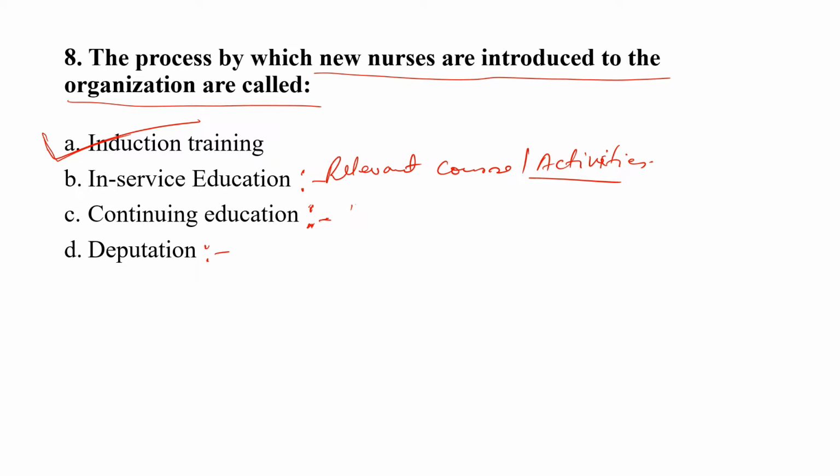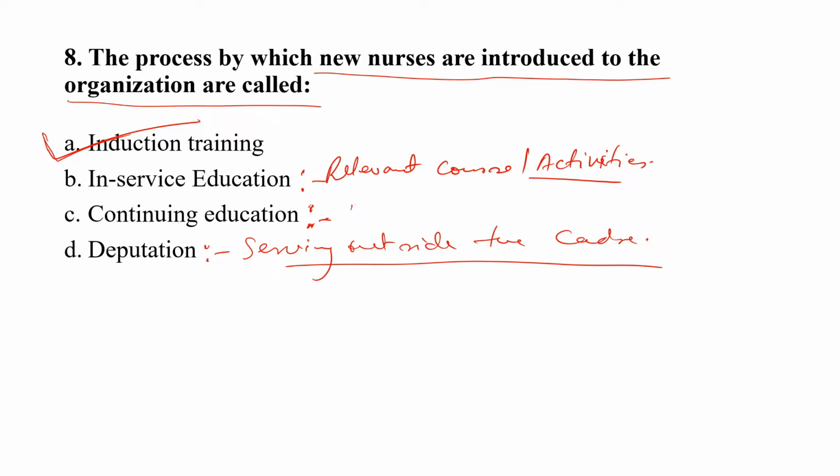And deputation is serving outside the cadre or outside the department. Suppose there is one nursing officer here, and there is a vacant post here for the post of ANS, and this is another hospital. And here is another hospital.